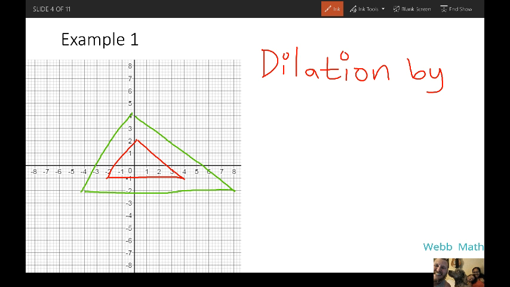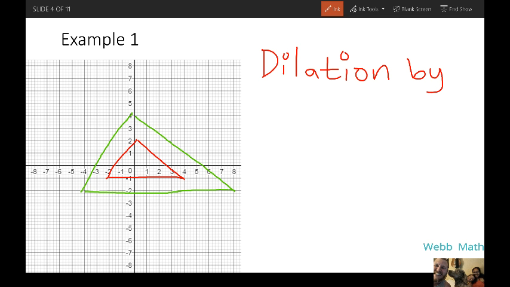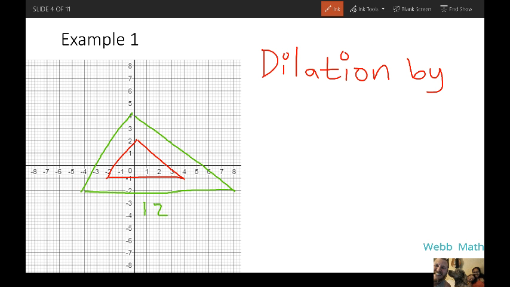It looks like the red guy is half of the green guy. If you want to double check yourself, you can look at the distance. For example, the base of the green guy was 12, from -4 to 8. And for the red guy, his distance was 6.